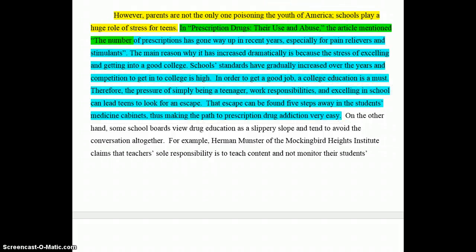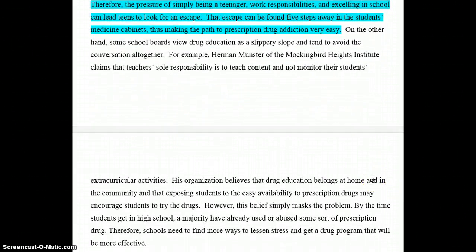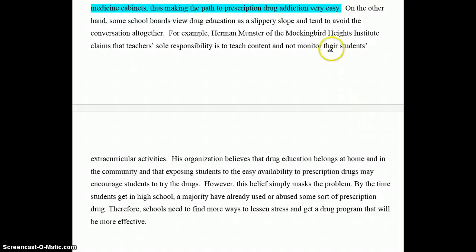But now I see a transition word. It says, on the other hand, some school boards view drug education as a slippery slope and tend to avoid the conversation altogether. So here we go. Here begins our topic sentence, our counter evidence. Here we have, on the other hand, to start it off, and then she goes on to give the evidence.